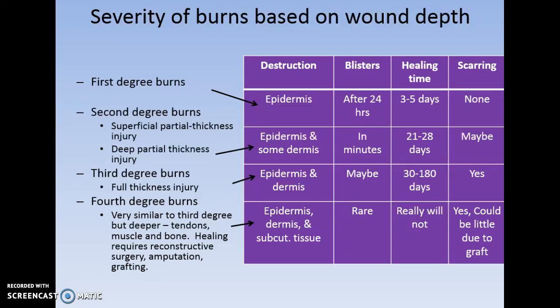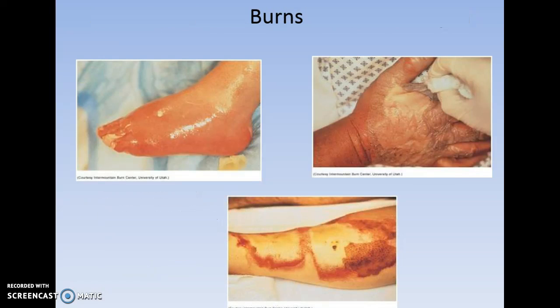Now, does that mean that someone who has a fourth degree burn isn't going to experience pain? No, because if a person has a fourth degree burn, that patient probably also has third degree burns surrounding it, and second degree burns surrounding the third degree area, and so there's still going to be a lot of pain.